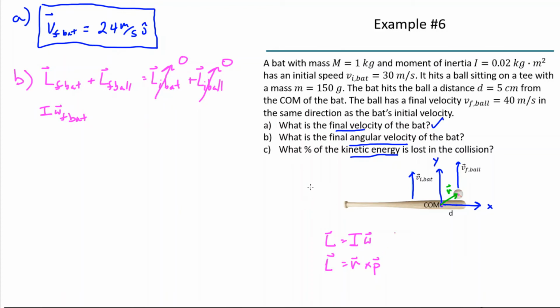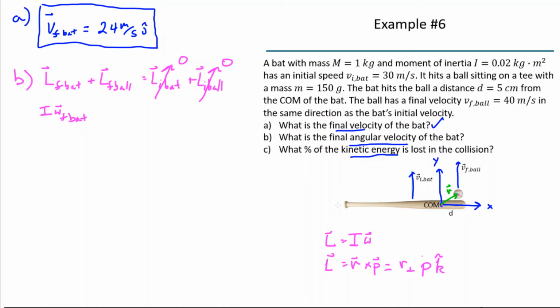The final angular momentum of the ball is going to be r cross p. Remember, I can write the magnitude of this as r perpendicular times p. In this case, you can use the right hand rule to figure out the direction of this vector. If I take r and curl my fingers in the direction of p, my thumb points out of the page, which is the z-axis, so this is in the k-hat direction.